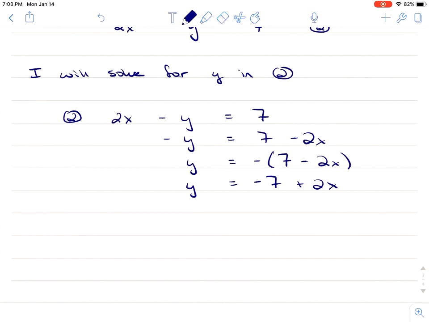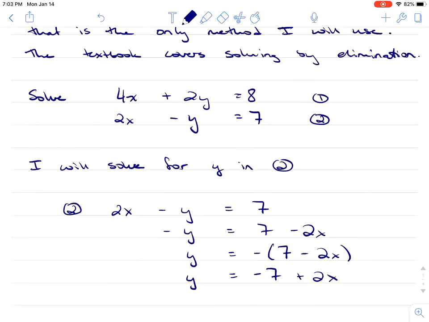Now, remember, we got this y out of equation 2. So putting it back into equation 2 is just going to get you to loop back through. It doesn't get you anywhere further. So now you're going to take this y and substitute it into equation 1.